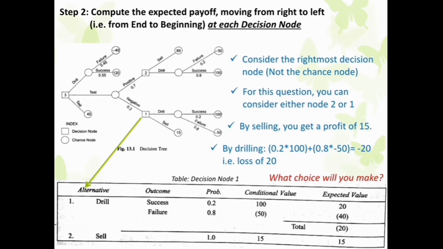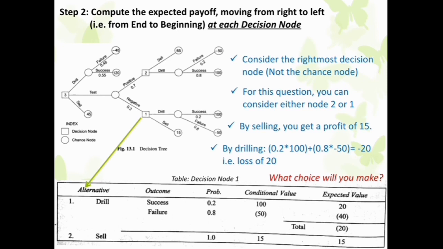So we are going to find out the expected payoff under drilling. As I told earlier, for decision trees we will be using the expectation principle, the second principle under risk, the EMV criterion. So we will be finding the cumulative sum of the product of probability and the conditional value. Drilling: 0.2 into 100 plus 0.8 into minus 50, because it's a loss.